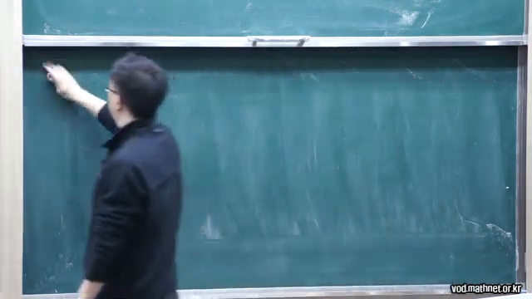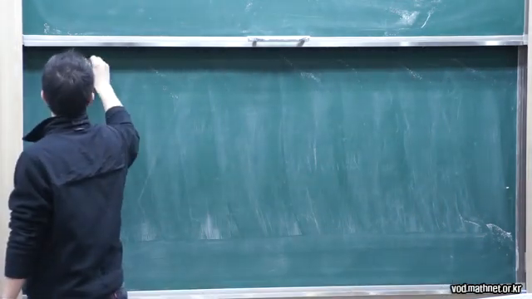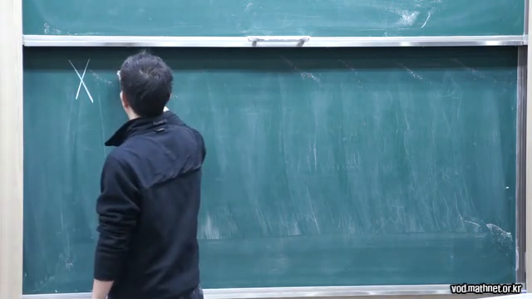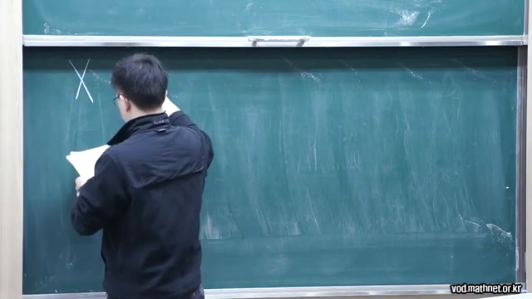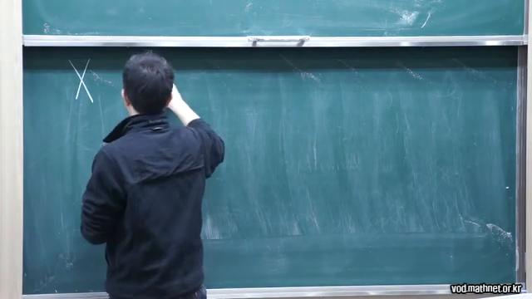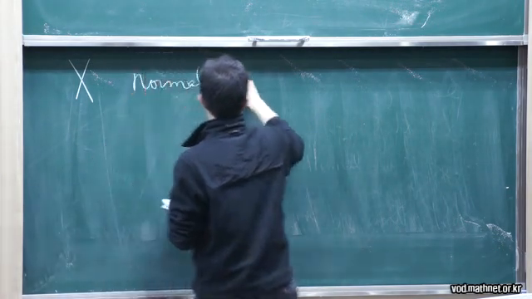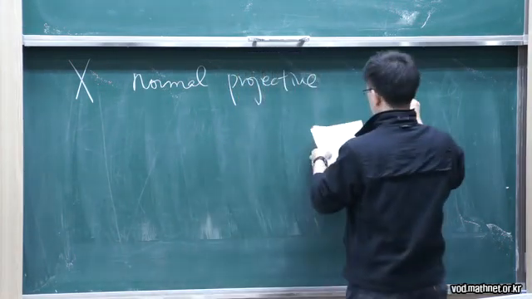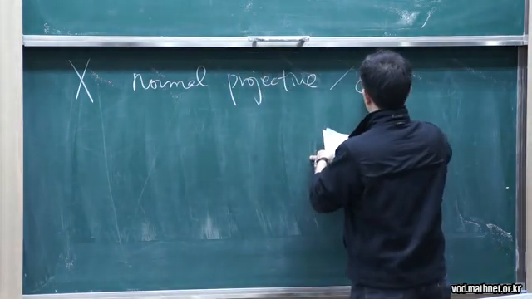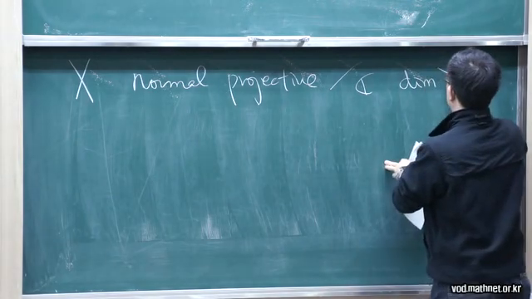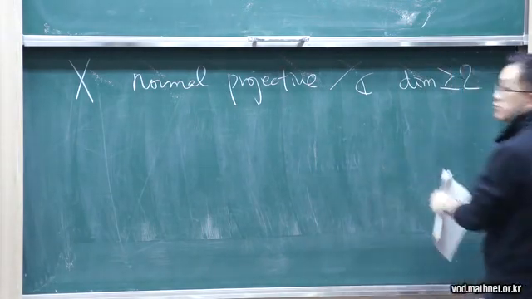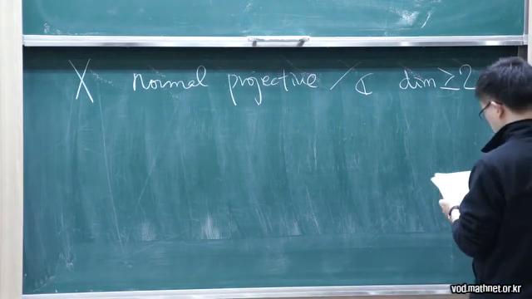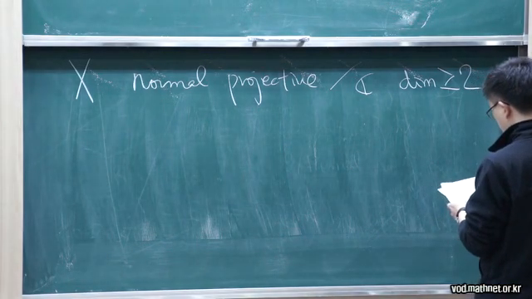So to start with, from now on, X will be a normal projective variety defined over C, and the dimension is greater than or equal to 2. Okay.